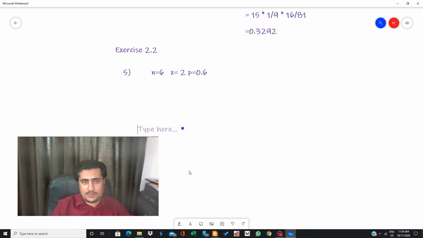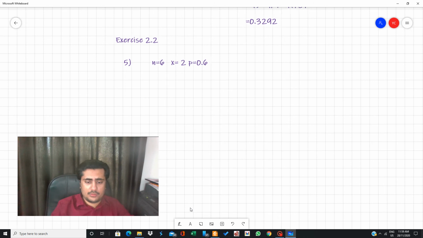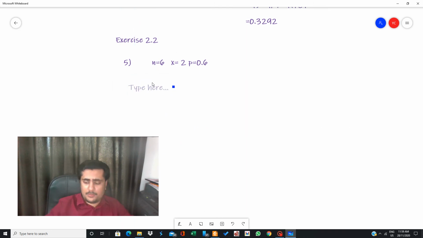Now I am solving this question. P plus Q is always equal to 1. Now you have P as 0.6, then Q: 0.6 plus Q is 1. Now your Q is equal to 1 minus 0.6, that is 0.4.